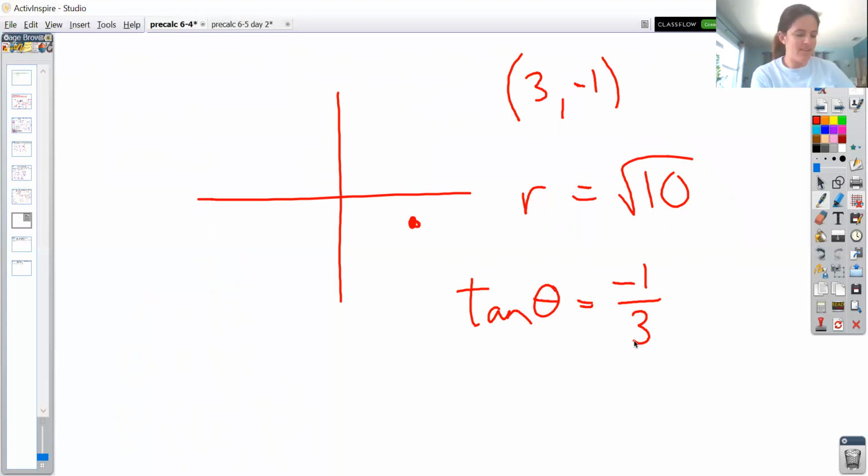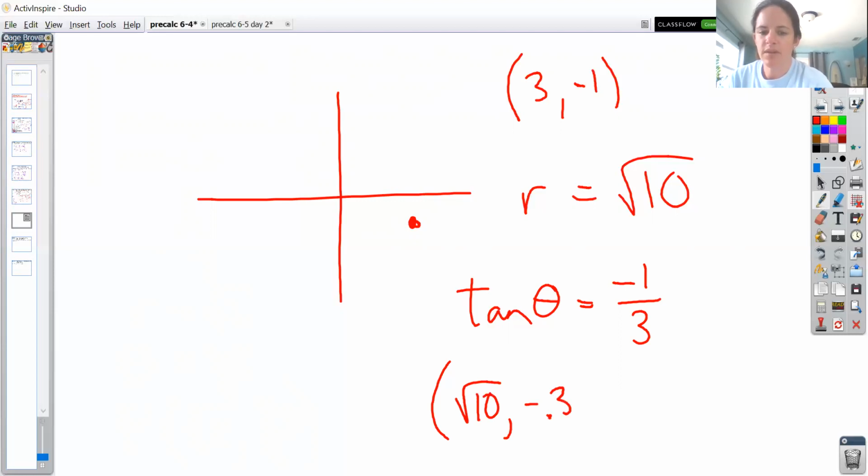If I grab my handy dandy calculator, and we'll stay in radians because we've been doing class in radians for today, so if I do the inverse tangent of -1/3, that would take me to -0.322 radians. So I would have root 10, -0.322 radians. Not a big deal because you're like, okay, yeah, I can see that that angle is negative.